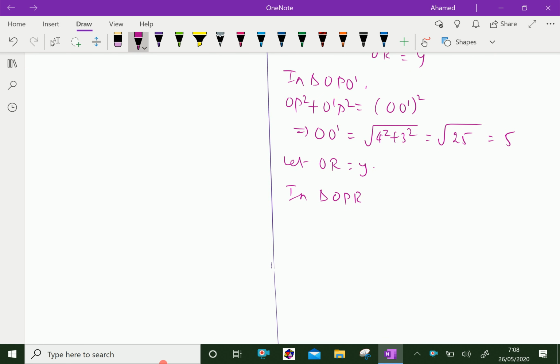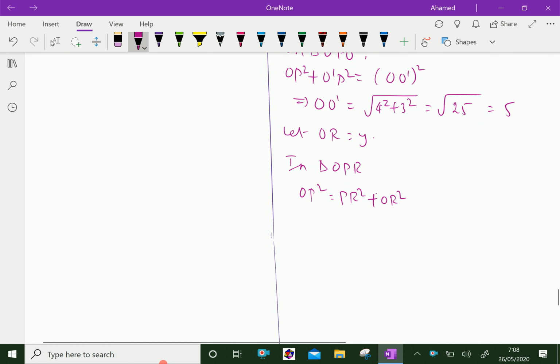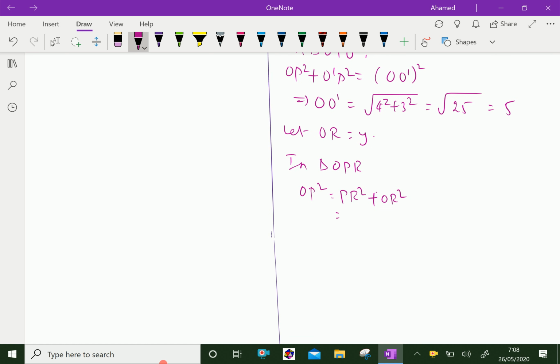Therefore we can say x square plus y square is OP square.